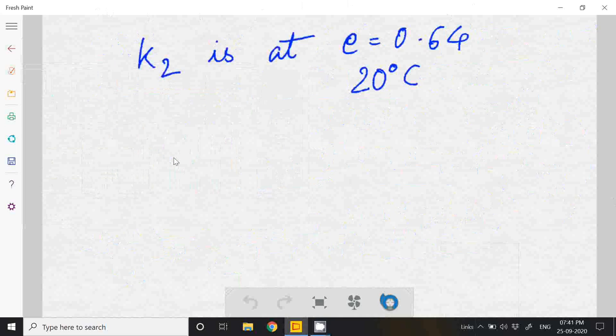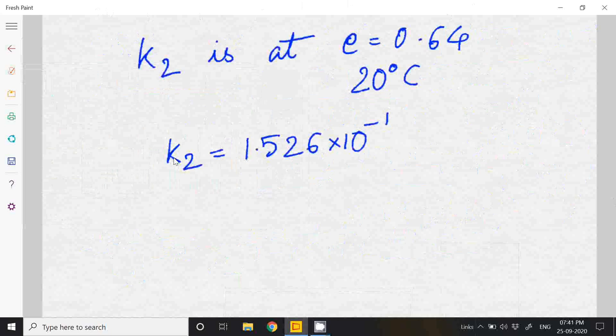This is all you need to know. K1 also you have got: K1 is 1.72 into 10 to the power minus 1.